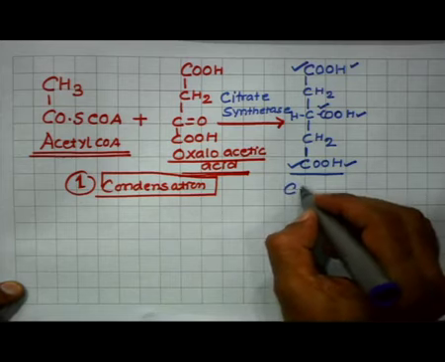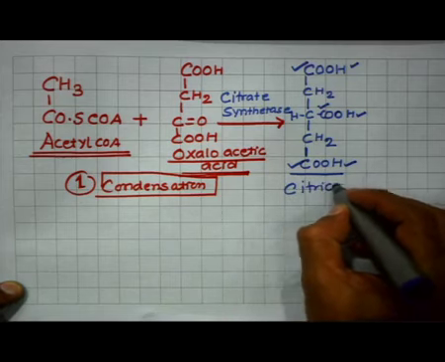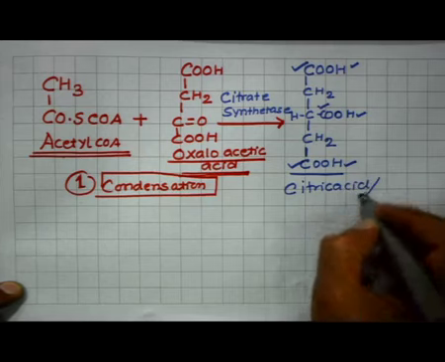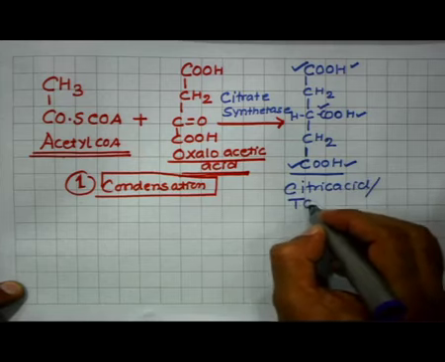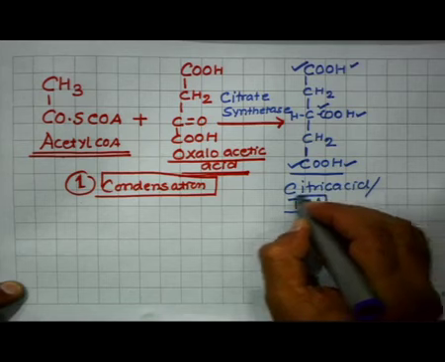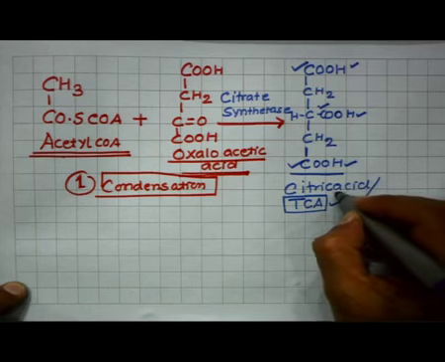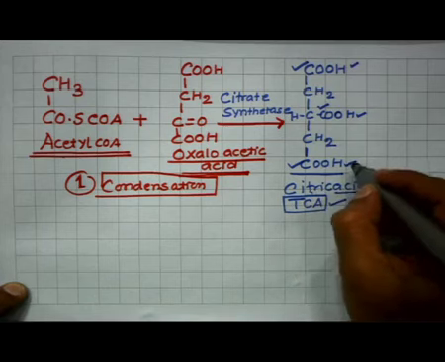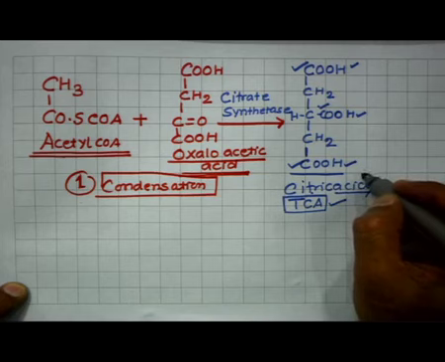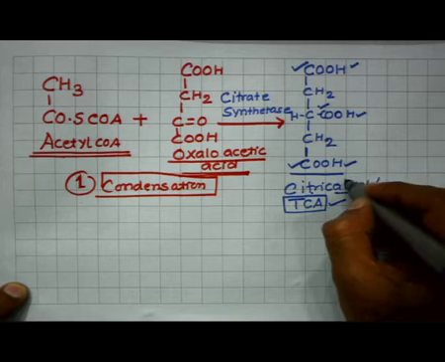So, in the case of citric acid, the cycle is also called TCA, the tricarboxylic acid cycle. So, the Krebs cycle in another way is called the citric acid cycle, because the first product formed after the condensation is citric acid.